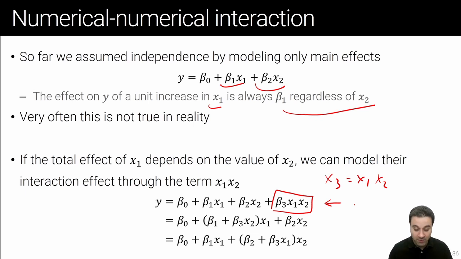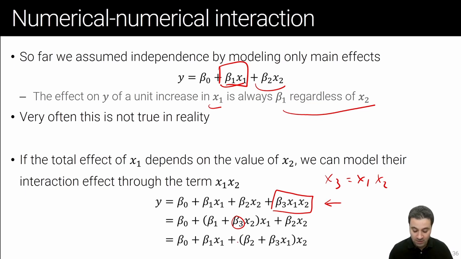And so if we do a little bit of manipulation here, what we see is that now the effect of x1 is not going to be only beta 1 as we had in here. The effect of x1 is beta 1 plus a certain coefficient times x2. And this coefficient, beta 3, is exactly the interaction. So what we're saying is the overall effect of x1 is beta 1 plus something that has to do with the value of x2.